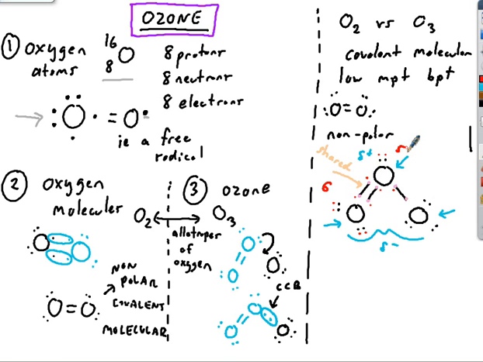And around this oxygen down here, we have 1, 2, 3, 4, 5, 6, 7. It's clear to see this top oxygen will typically at any point in time have fewer electrons around it than these 2 oxygens down here, giving this molecule a net dipole, with this central oxygen being slightly positive compared to the rest of the molecule.